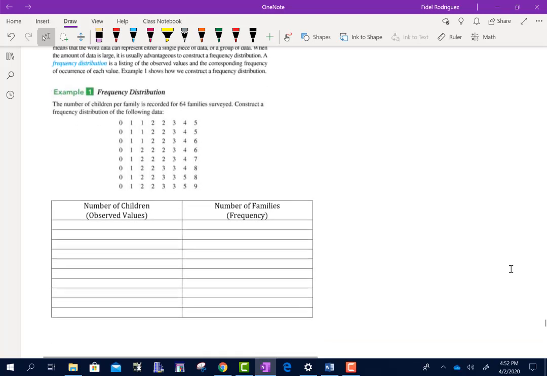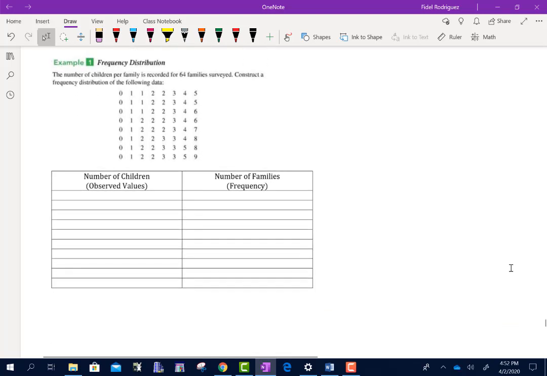So let's go through this problem here and see if we can figure it out. It tells me here that the number of children per family is recorded for a total of 64 families, and it's asking me to construct a frequency distribution of the following data.